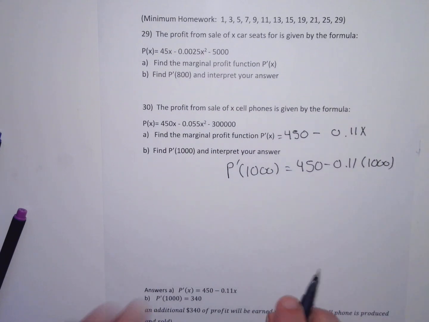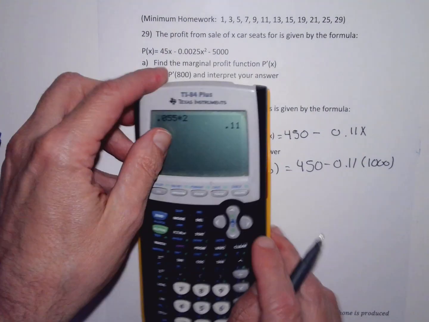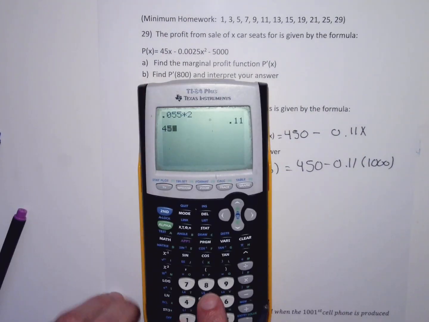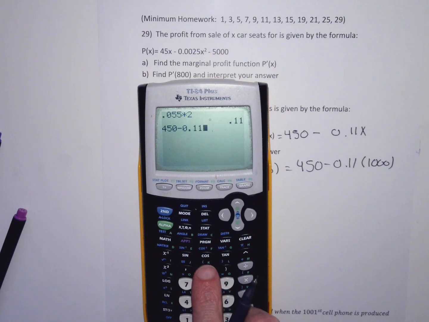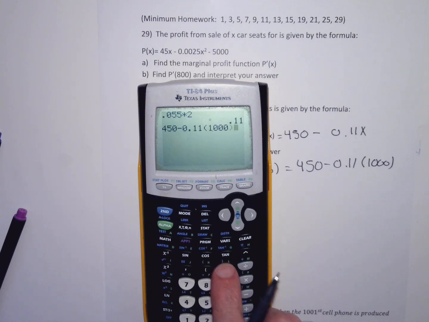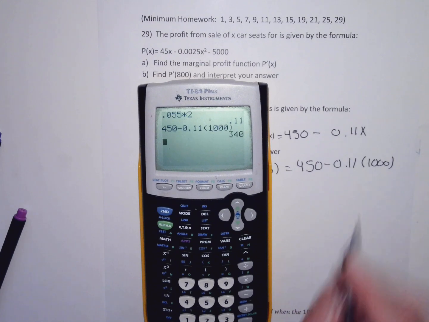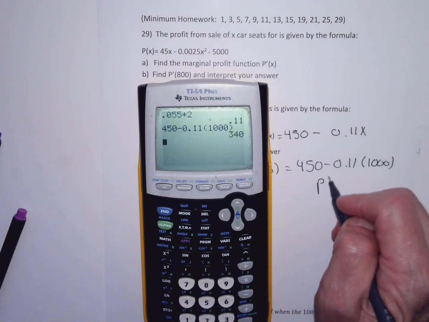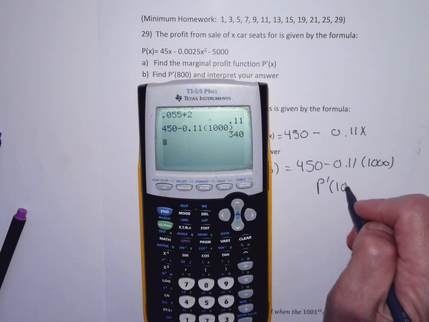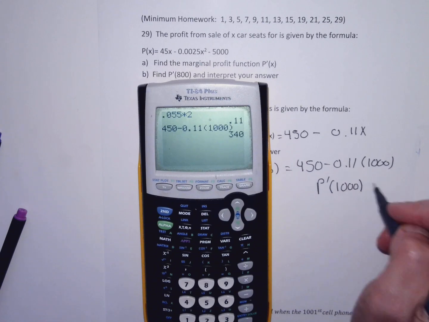So I'm going to plug 1,000 into the marginal profit function, and that will tell me how much extra profit I'll get by selling the 1,001st smartphone.